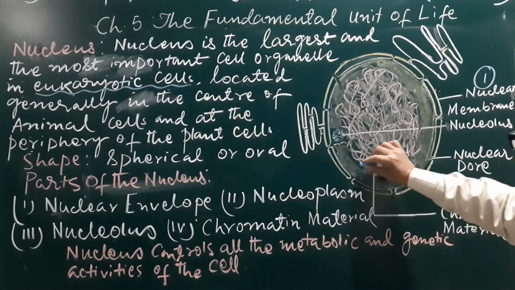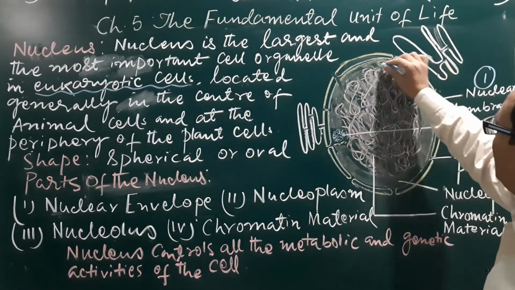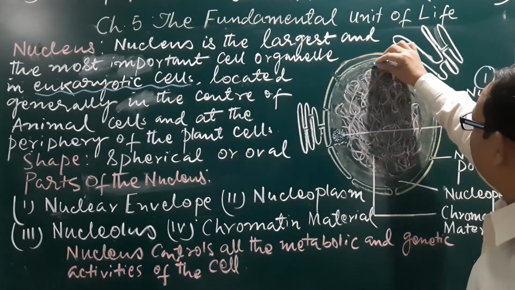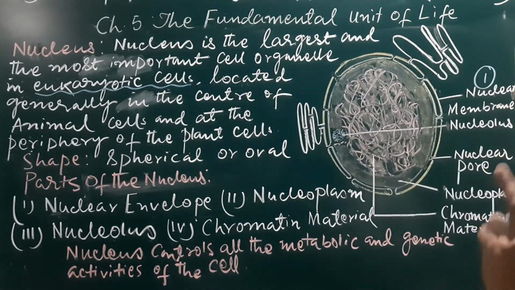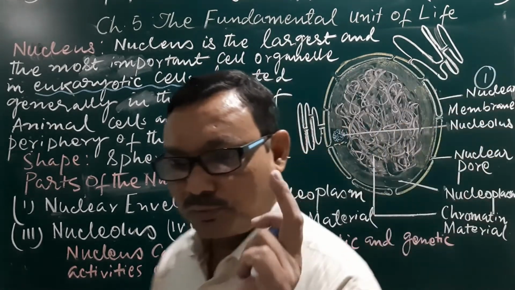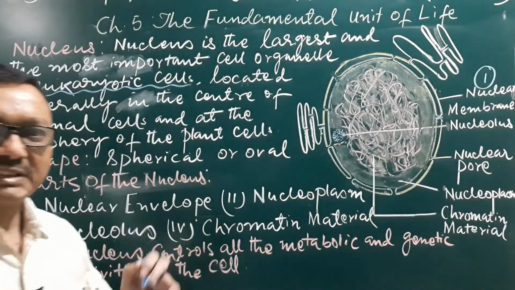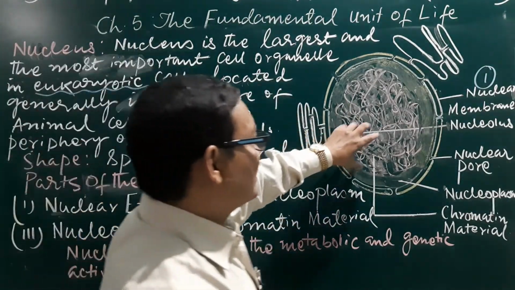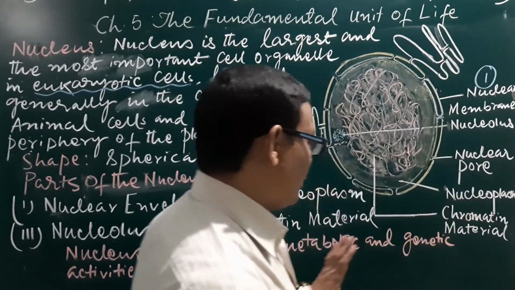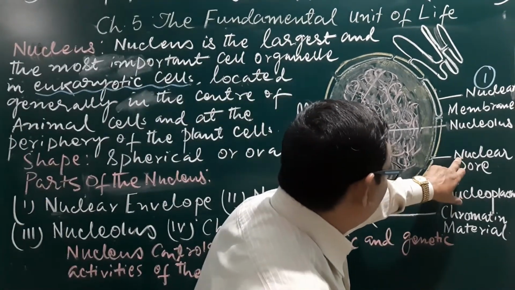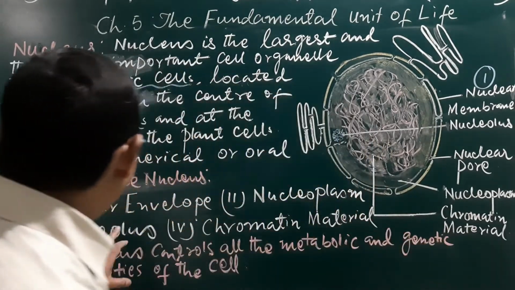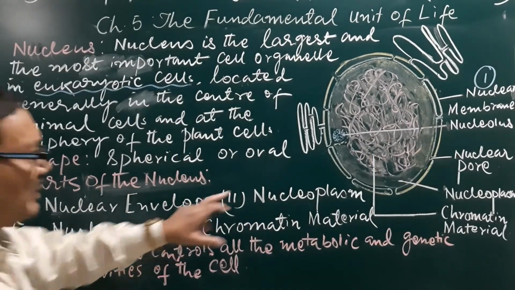Nucleoplasm means this yellowish structure that you see here, just like the cytoplasm within the cell. Within the nucleus there is nucleoplasm. It is also the matrix. And the third important part is the nucleolus.